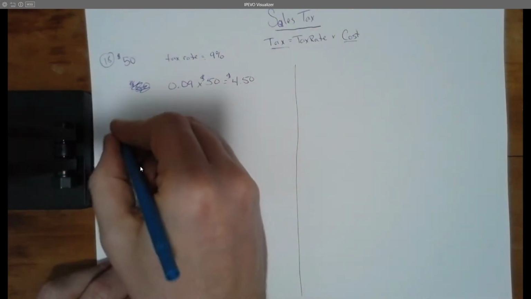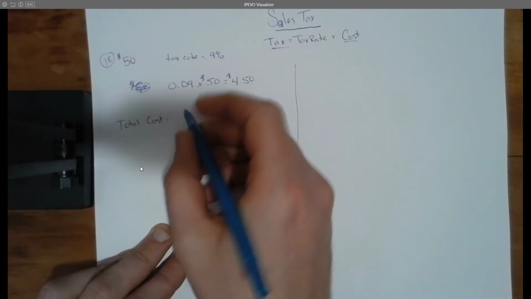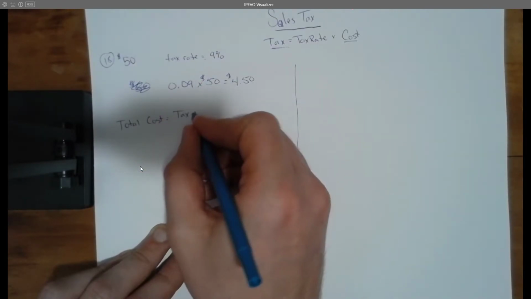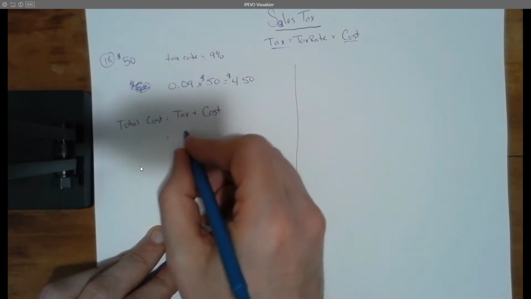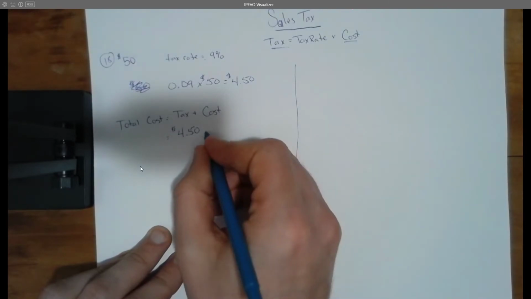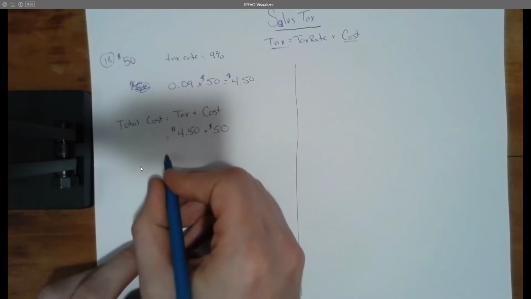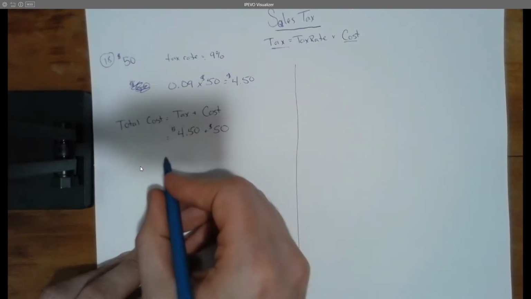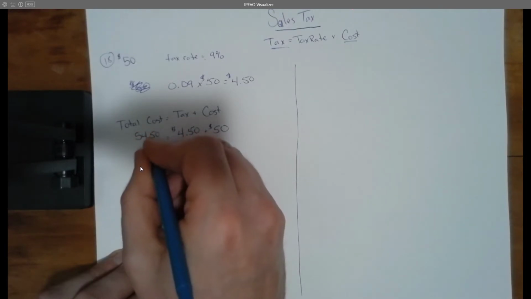So in this case, total cost would be equal to the tax plus the regular cost, or the $4.50 that you have to pay extra plus the original price of the service, which was $50. That would give us a total cost of $54.50.